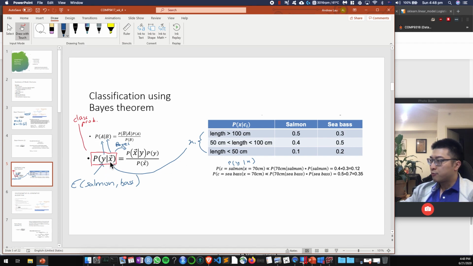So we use our Bayes theorem, and then we actually now want the probability of x given y. And I repeat myself that this arrow here means vector. There's multiple things here. It's not a scalar.